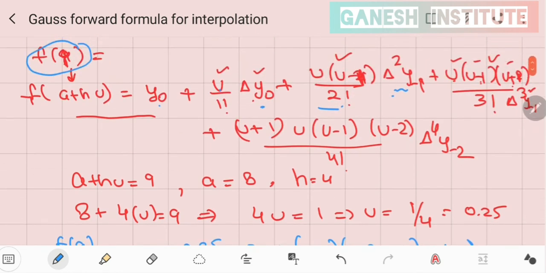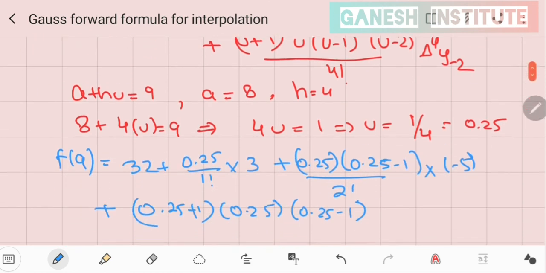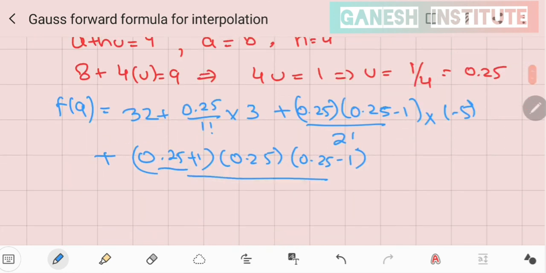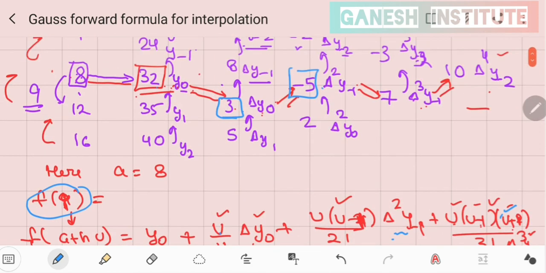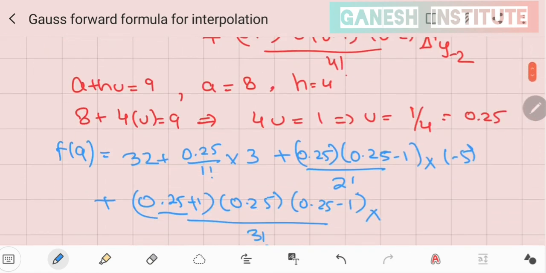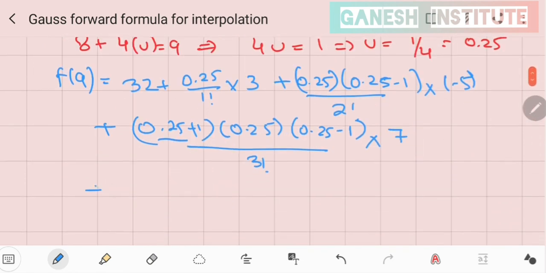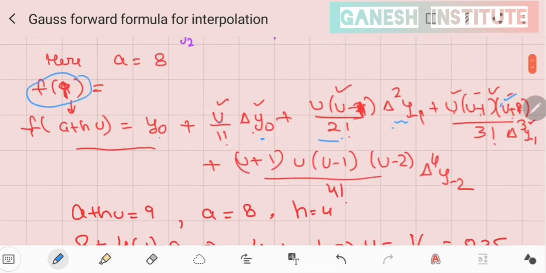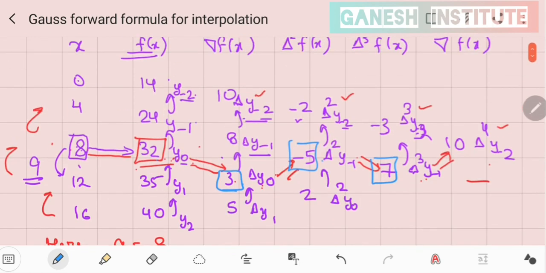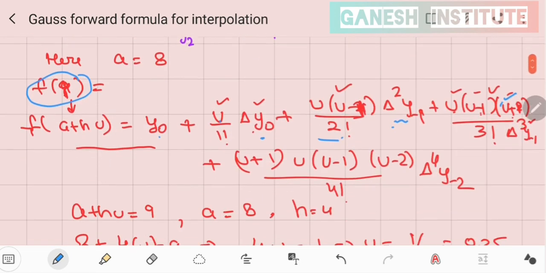Just u plus 1 also gets added here. So u plus 1 by 3 factorial into the next operator del cube y minus 1, that means 7. Plus, again, till this bit it will remain the same for the fourth term, u plus 1, u minus 1. Another term will be added, which is u minus 2, right, by 4 factorial into the last operator, which is del 4, what is it, 10, right?